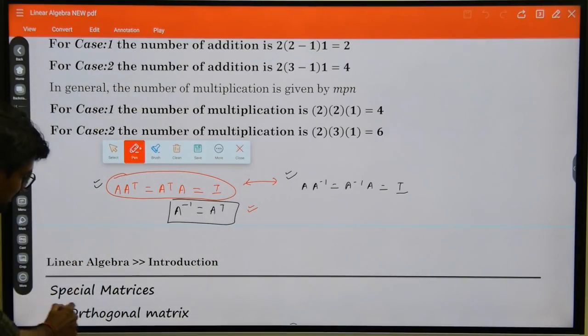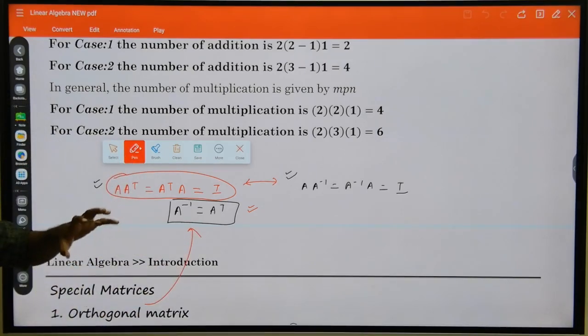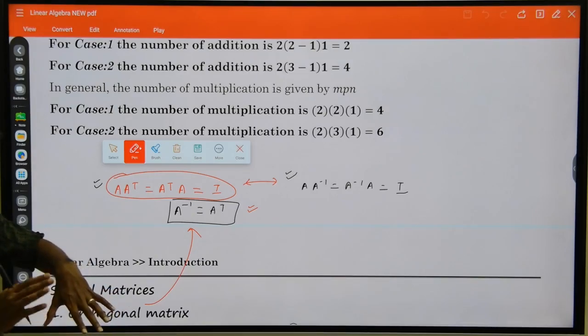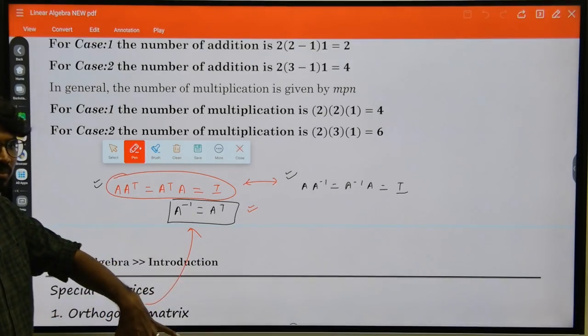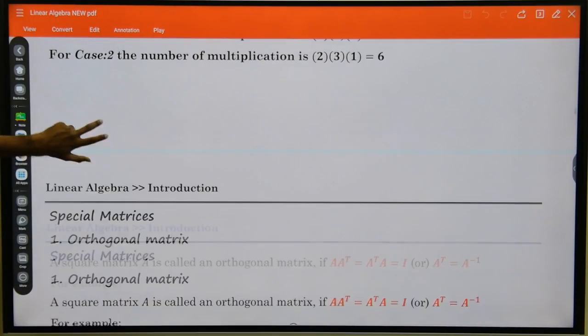That type of matrix is what our orthogonal matrix is. So orthogonal matrix is a matrix such that your inverse of a matrix and your transpose of a matrix both will be same.